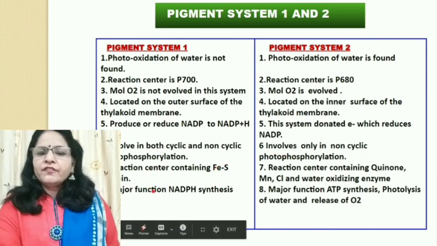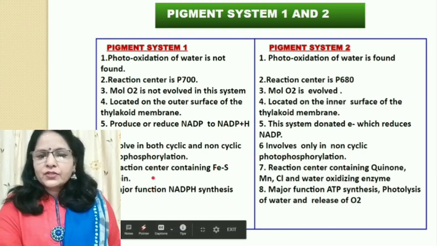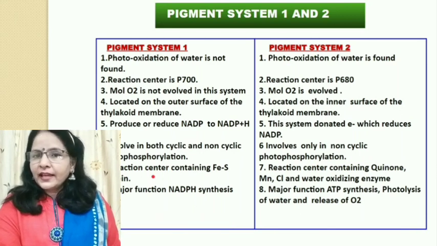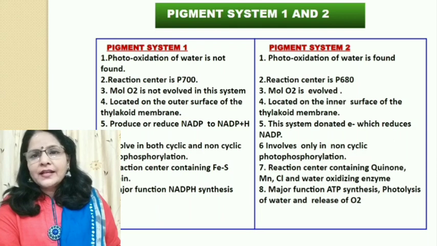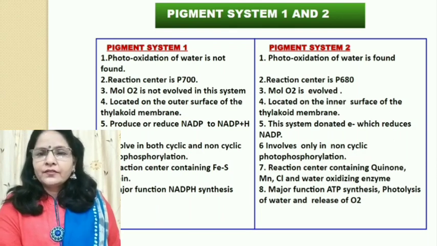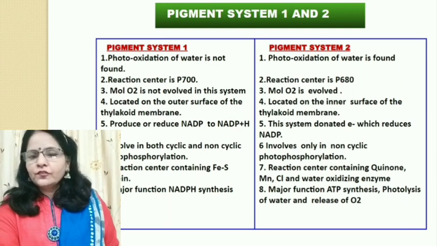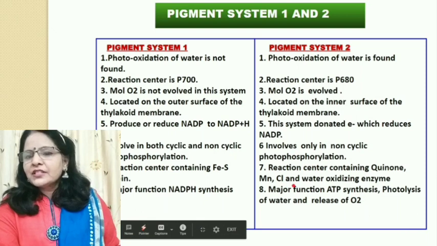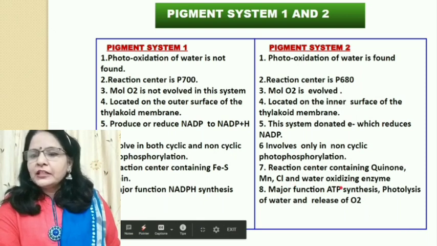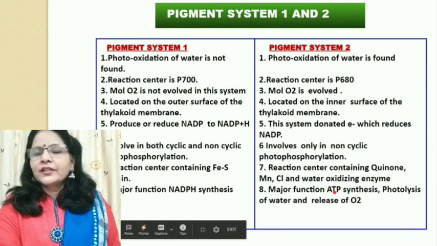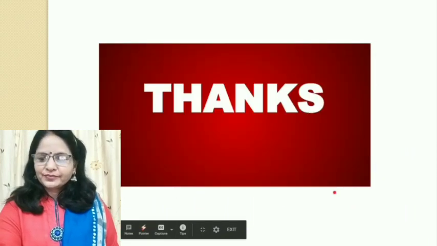The major function of pigment system 1 is synthesis of NADPH, which works as assimilatory power, and in the production of carbohydrate, energy is required, which is fulfilled by NADPH and ATP. And pigment system 2 produces ATP and helps in the photooxidation of water and release of oxygen.